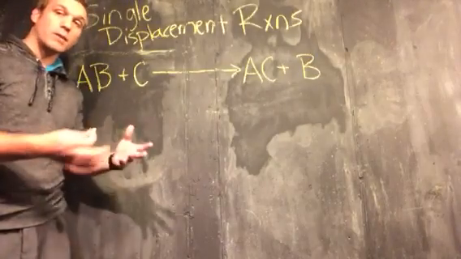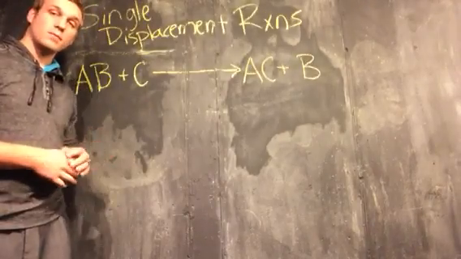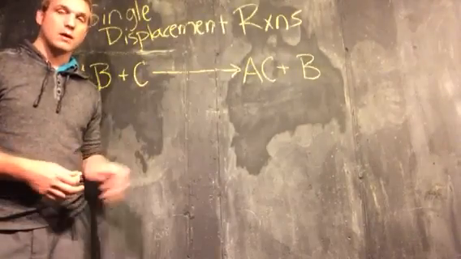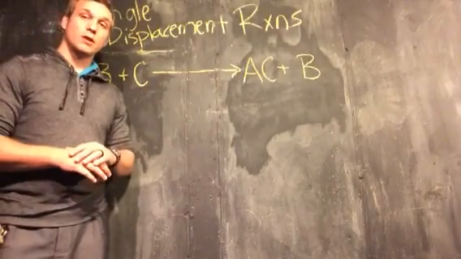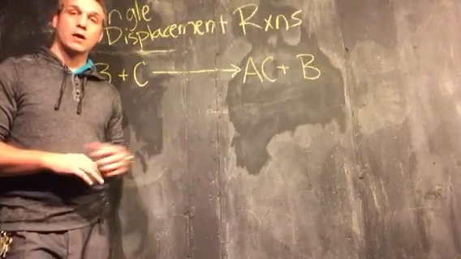So A being some element, whether it be sodium, potassium, chlorine, something like that, plus C, okay, so that's another element, yields AC plus B. AC plus B, okay? So that's one option.